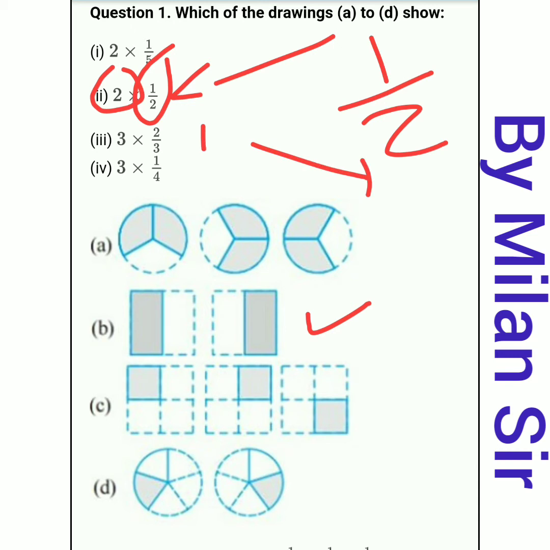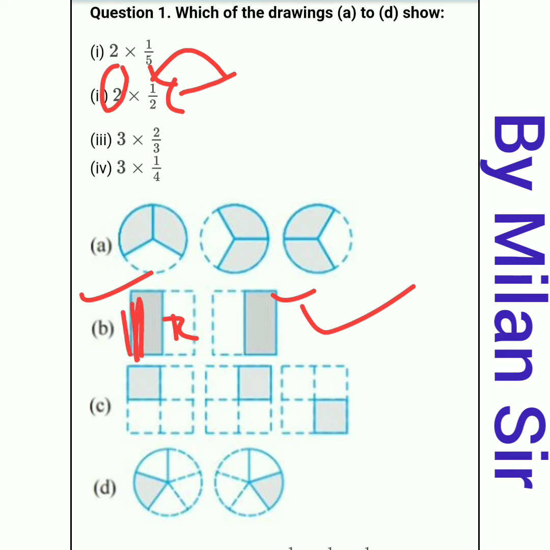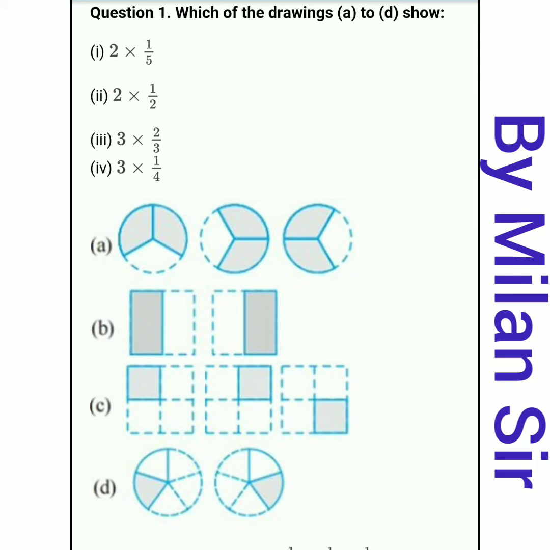So in each figure 2 parts are there, and out of that 1 part is shaded in each figure. So the second is matched with B, right?